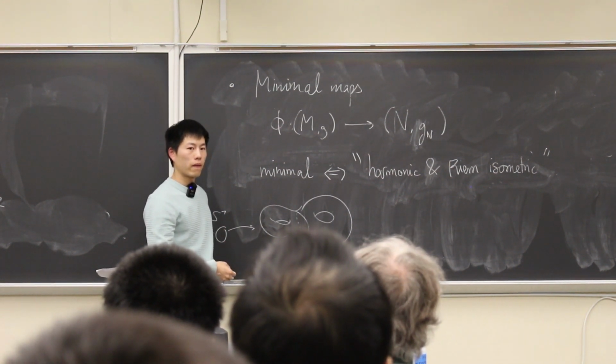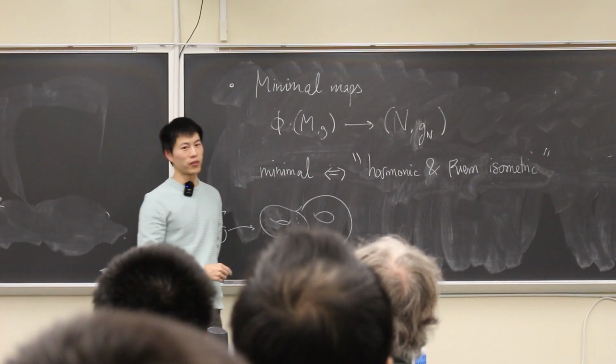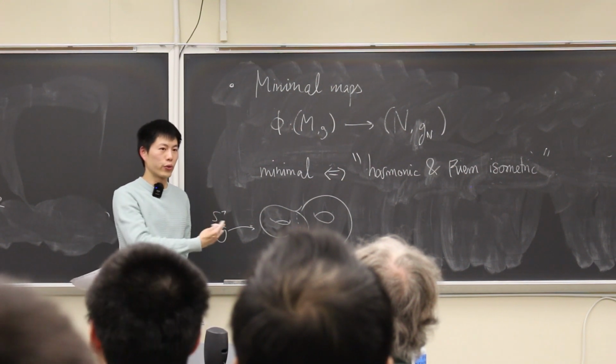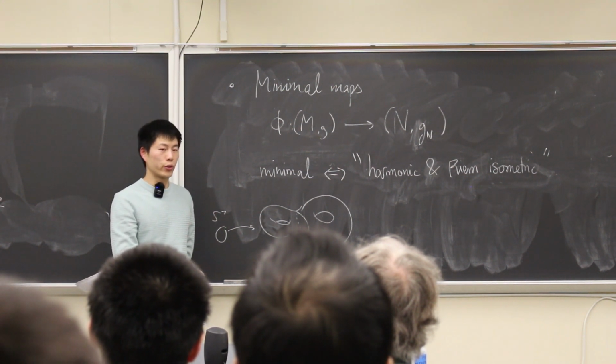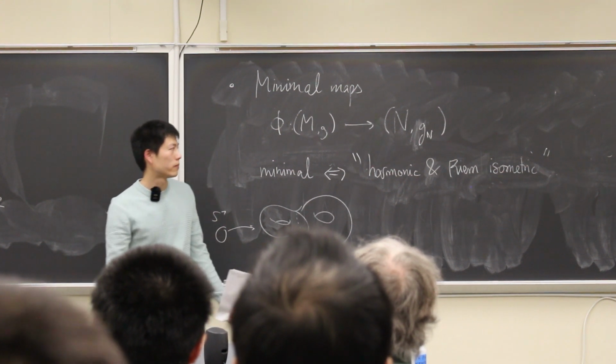Now, I was wondering about a closed manifold mapping into Euclidean space. Euclidean space, that's a good point. There are no such maps, and it has to do with the fact that there are no non-trivial harmonic functions on a closed manifold.